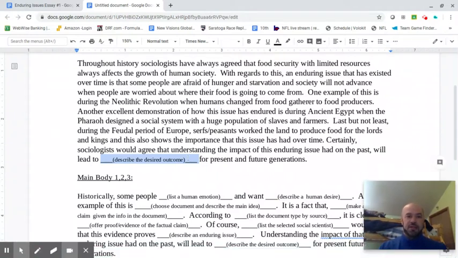So as far as a desired outcome and why it's important to understand this for present and future generations, let's finish that Mad Lib.